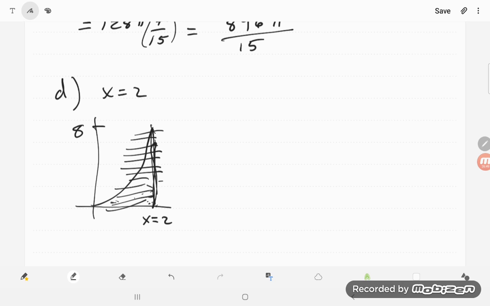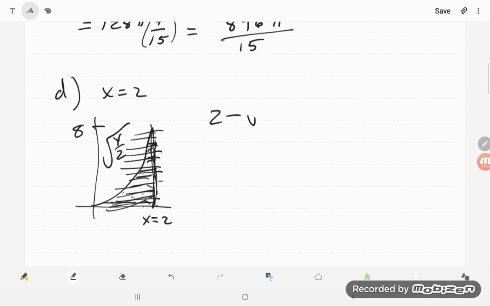As we rotate this around, I guess our distance is just this, and so what the heck is that distance? That's 2 minus, and that function again was the square root of y over 2.